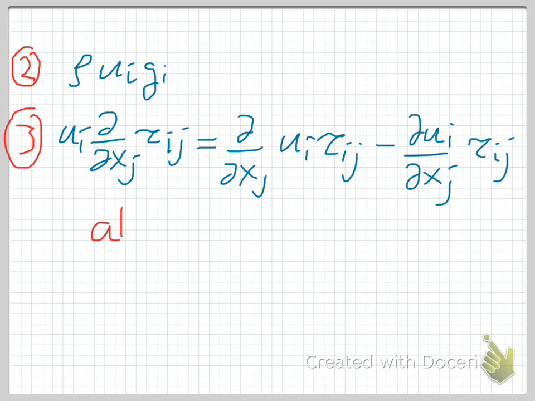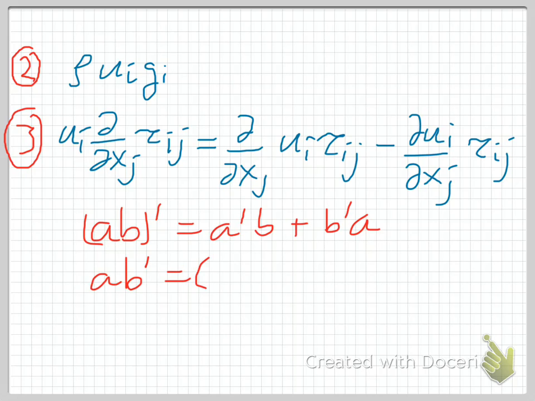If (ab)' = a'b + b'a, then we can rewrite that as a b' = (ab)' minus b a'. And that's what we've used here, where our a is u and our b is the stress tensor.